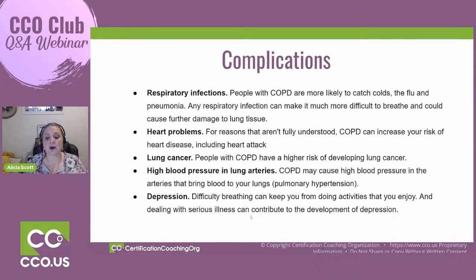A common one is frequent respiratory infections. Your little coding spidey senses should go ding, ding, ding. That makes sense because there's a code for COPD with lower respiratory infection, right? So that makes sense, I'm sure, to you.